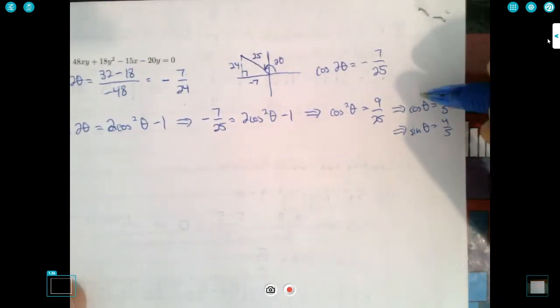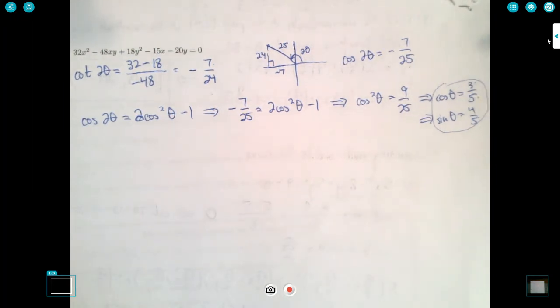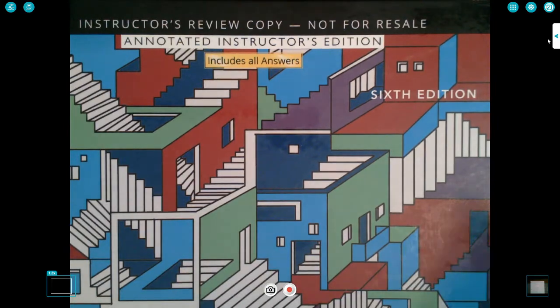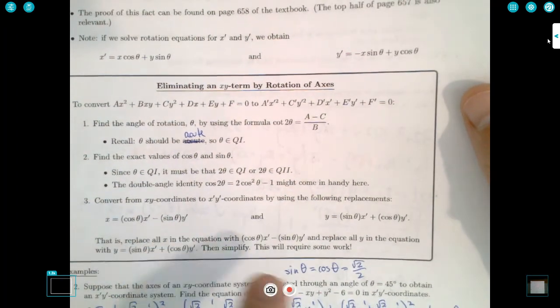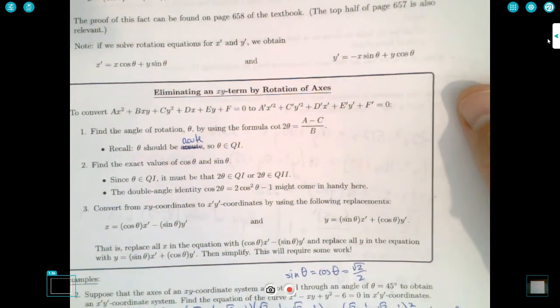Okay, so there we go. So we know that cosine theta is 3/5 and sine theta is 4/5. Now we can use that to make the necessary replacements. Because again, everywhere we see an x, we're going to replace it with cosine theta x prime minus sine theta y prime. And we're going to replace all of our y's with sine theta x prime plus cosine theta y prime.